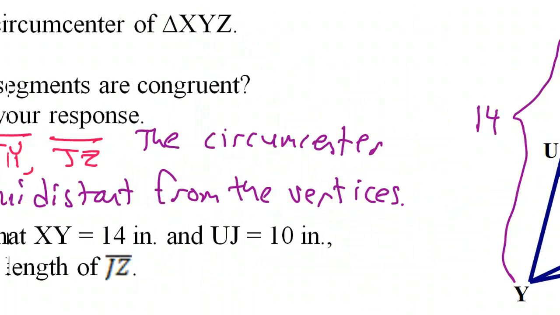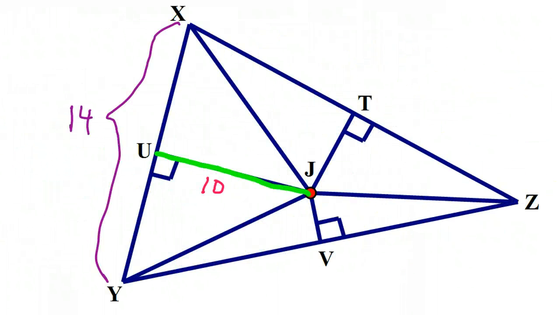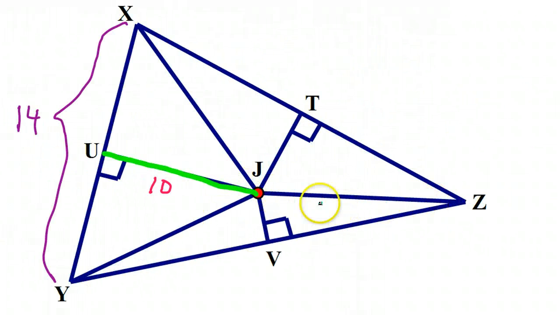We're supposed to find the length of JZ, so let's find the length of HJ, and that should be the same thing as JZ because of what we said earlier. First of all, the circumcenter is formed using perpendicular bisectors. So this green segment is a perpendicular bisector, which means these two sides should be the same. So 7 and 7. This triangle is 7, 10, and I'll just call this x.